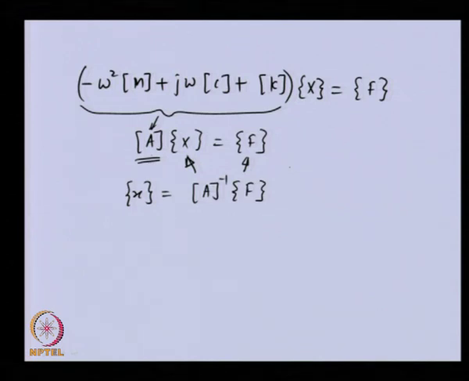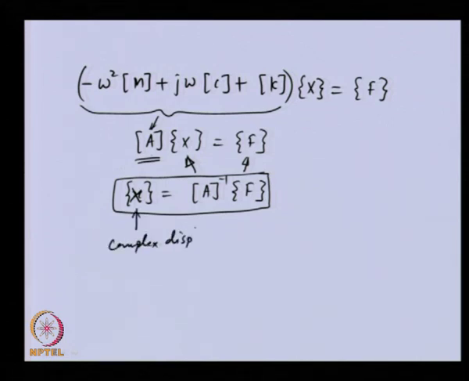You can see that we are getting the response using this equation, which is in matrix form. Sorry, this is capital X, the complex displacement. This displacement will have this form: x real part plus x imaginary part, and y component real part and its imaginary part.